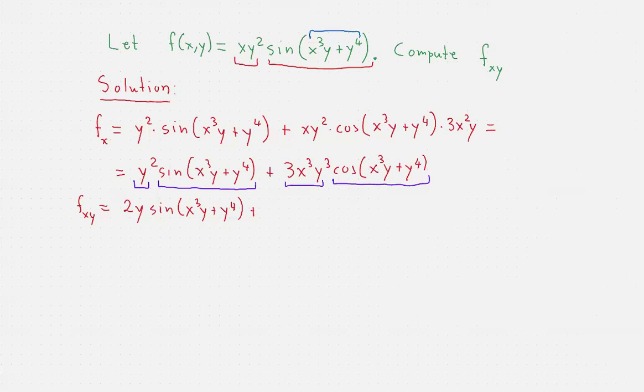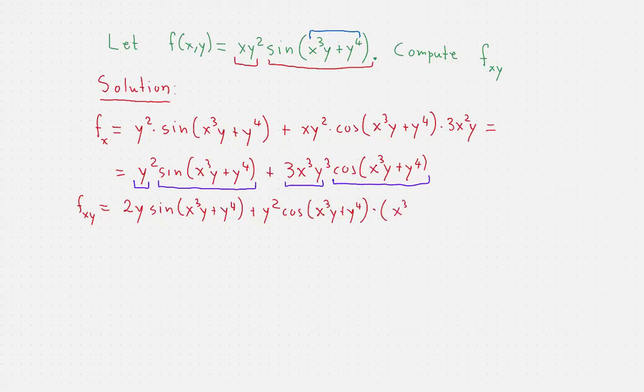So again, the chain rule implies that we will have cosine of the same quantity times the derivative with respect to y of that quantity. And now the derivative with respect to y is a little more interesting, because we have two terms containing y. So it will be x cubed, that's the derivative of x cubed y, plus 4y cubed.